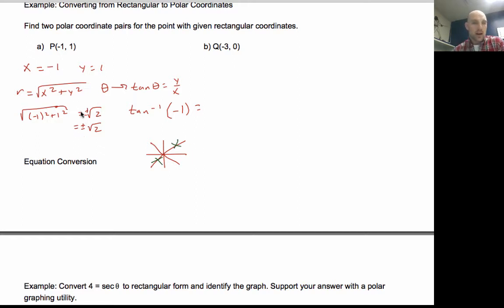So if my radius is plus or minus root 2, what could it possibly be? Well, if it's over here, let's think about this for a second, okay? It's going to be negative square root 2.